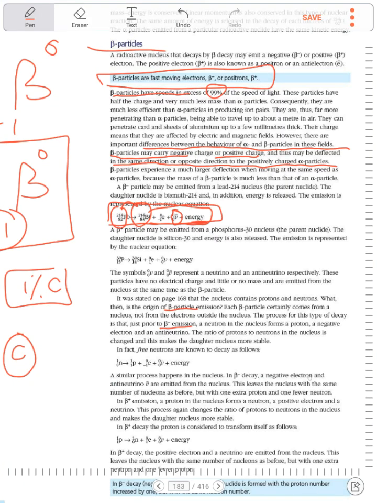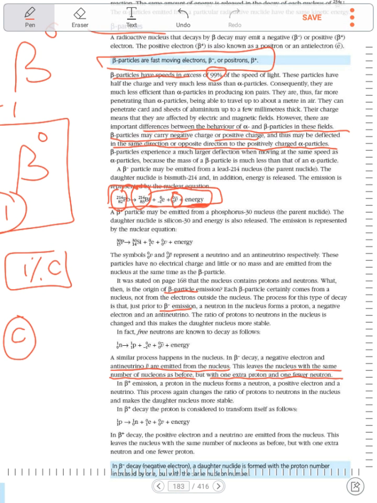A negative electron and an antineutrino are emitted from the nucleus, thus leaving the nucleus with the same number of nucleons as before, but with one extra proton and one fewer neutron. In beta positive decay, the positive electron and the neutrino are emitted from the nucleus.